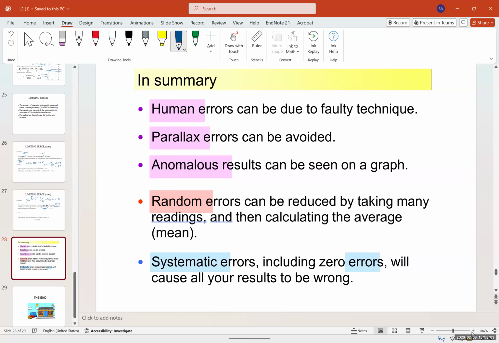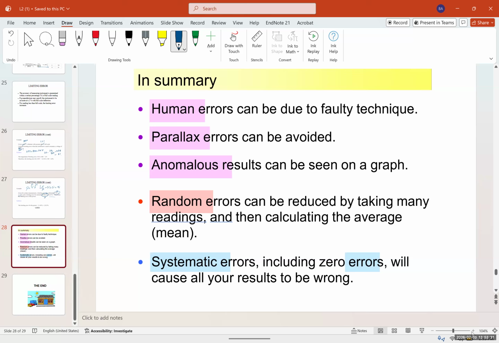Anomalous results can be seen on a graph. Then we have random errors that can be reduced by taking many readings and then calculating the average or the mean. And we learned about standard deviation and average and how we use that to determine an error. And then we have systematic errors, including zero errors, which will cause all your results to be wrong as well. And we were able to find and calculate errors as well.